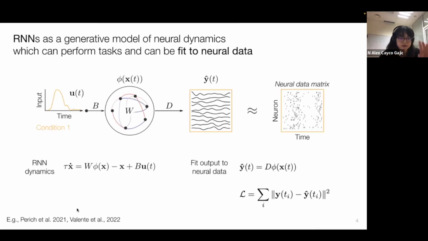So this is not our idea. There are other papers that have taken this approach, but this is just to remind you that we can use RNNs to fit neural data as well as performing tasks.